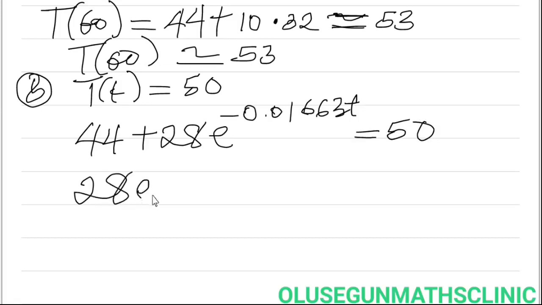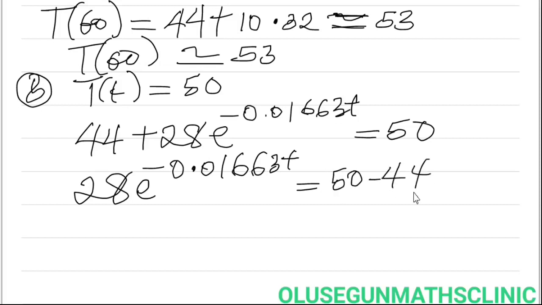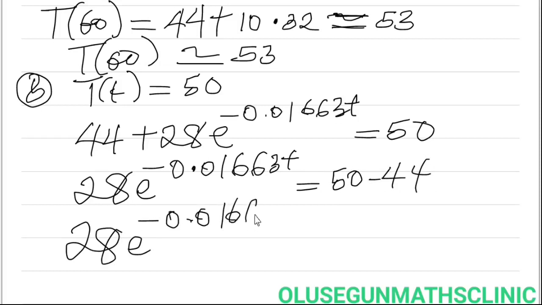So you just say that 28 exponential minus 0.01663t is equal to 50 minus 44. So 28 exponential minus 0.01663t is equal to 6. Let's divide both sides by 28.